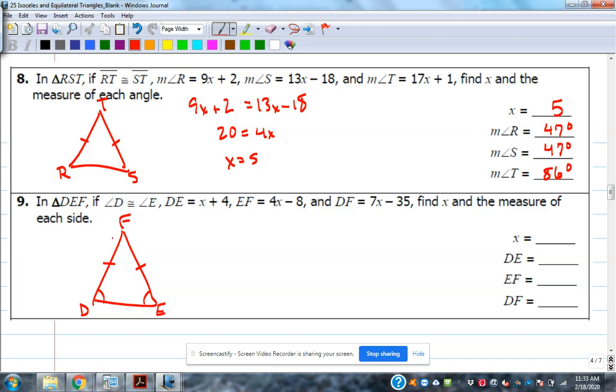So DF and EF, 4x minus 8 equals 7x minus 35. 3x equals 27. x is 9. And then go from there. You can find the rest of that. No problem there.